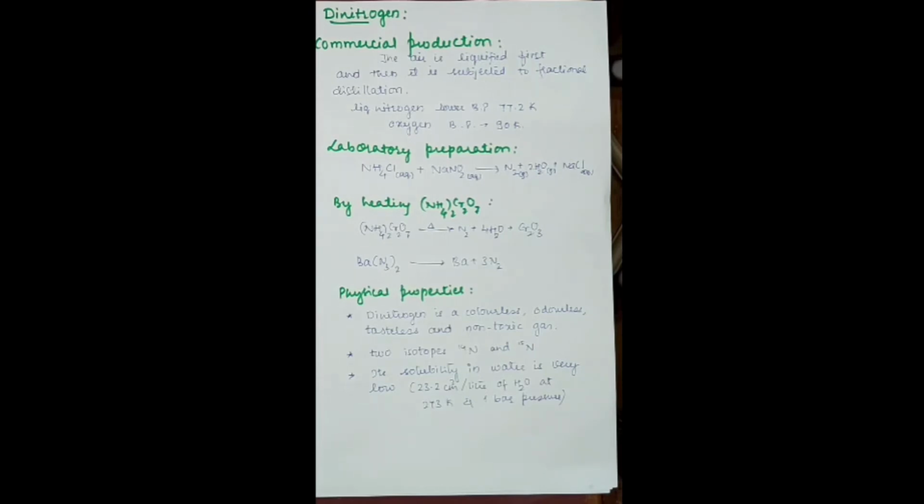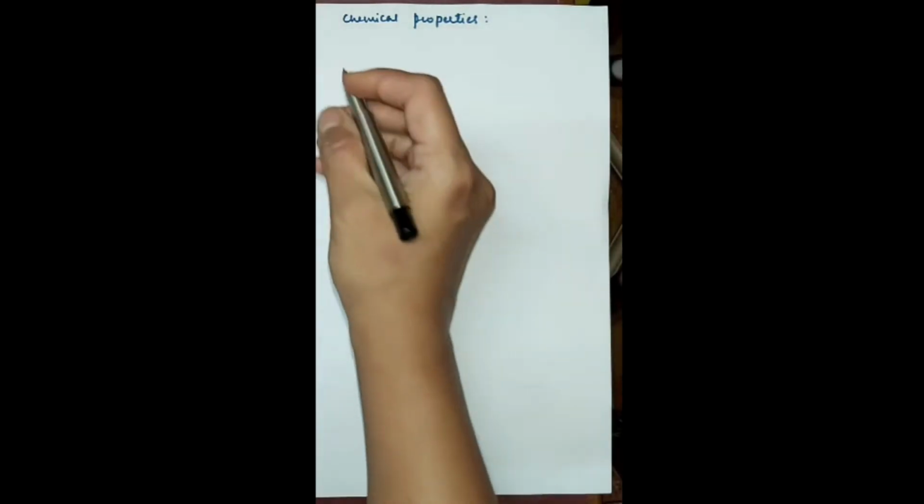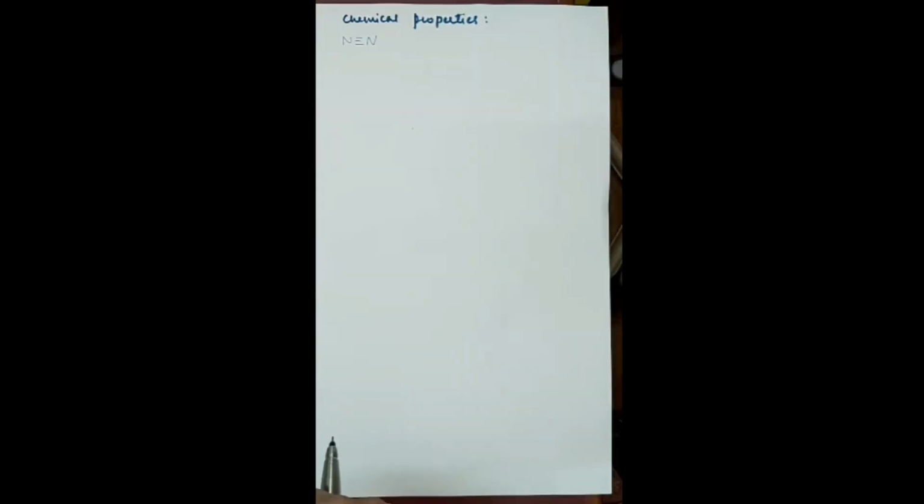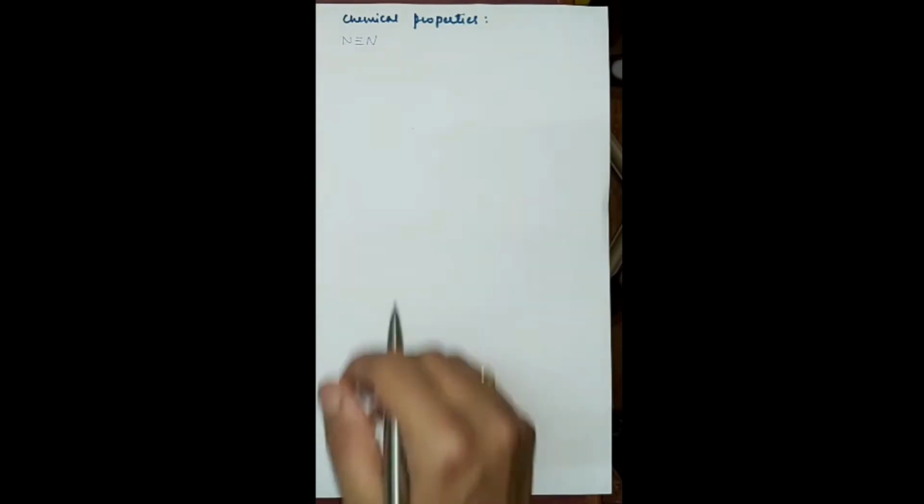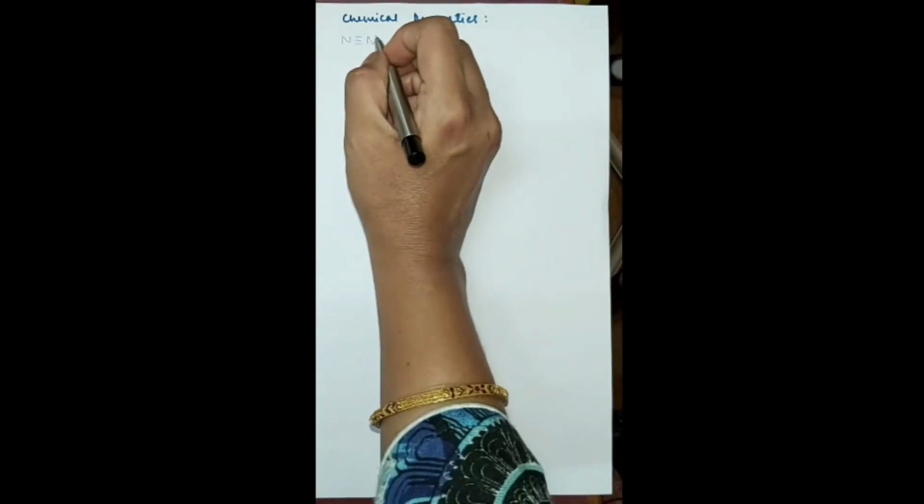Now we'll see chemical properties of dinitrogen. Dinitrogen is inert at room temperature because of the high bond enthalpy of the nitrogen triple bond.